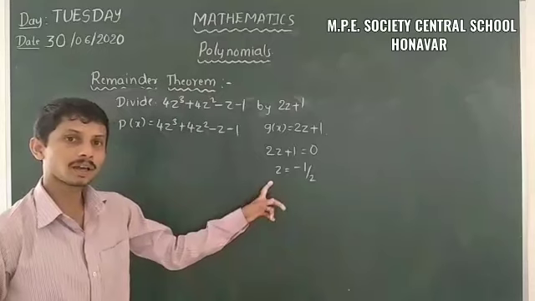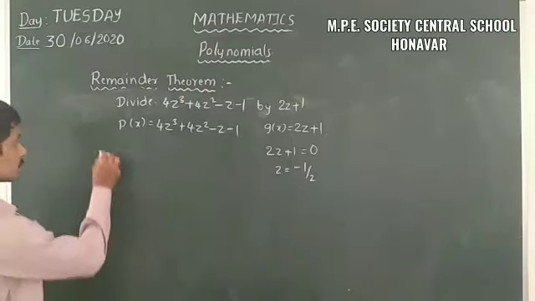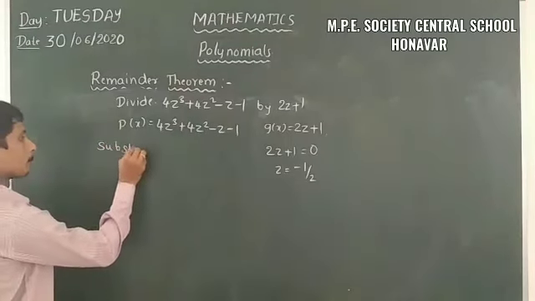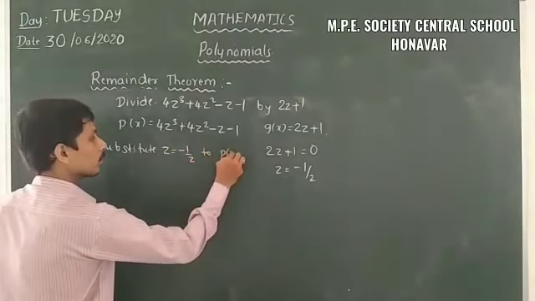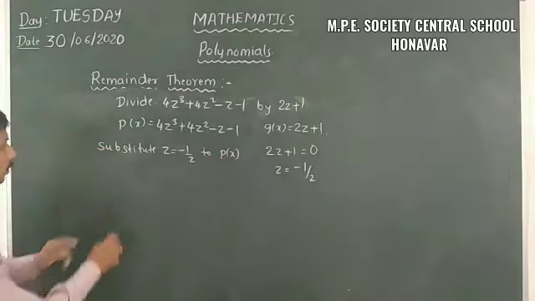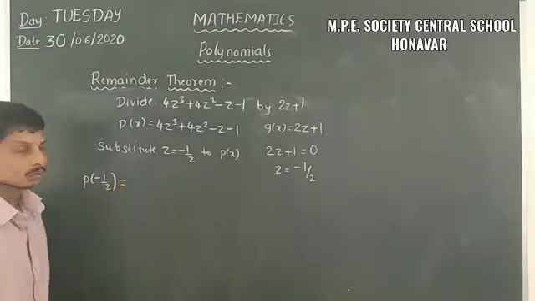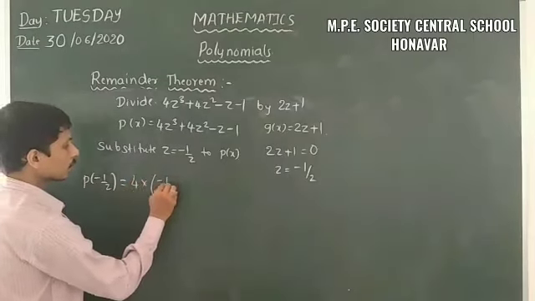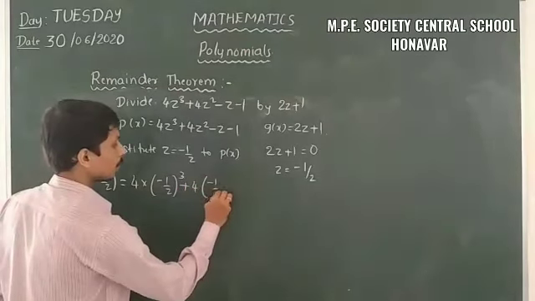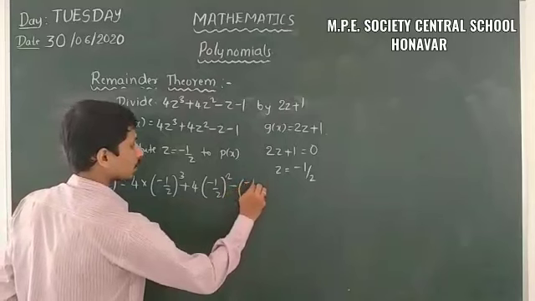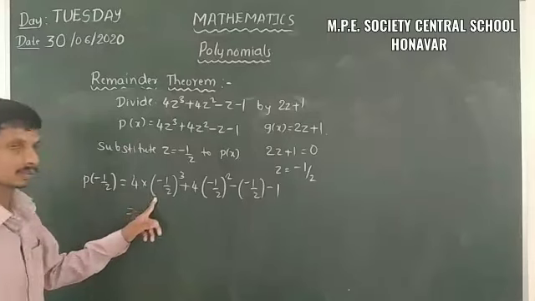So we have to substitute the value z is equal to minus 1 by 2 into this P of z. So P of minus 1 by 2 is equal to 4 into minus 1 by 2 whole cube plus 4 into minus 1 by 2 whole square minus of minus 1 by 2 minus 1. So we have to solve.